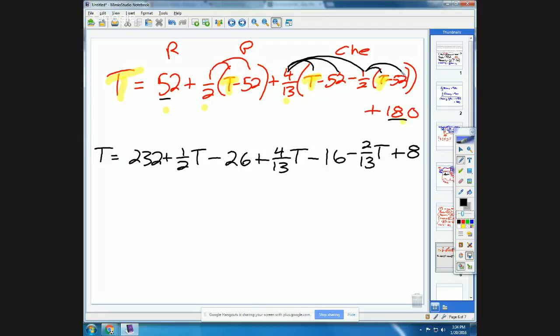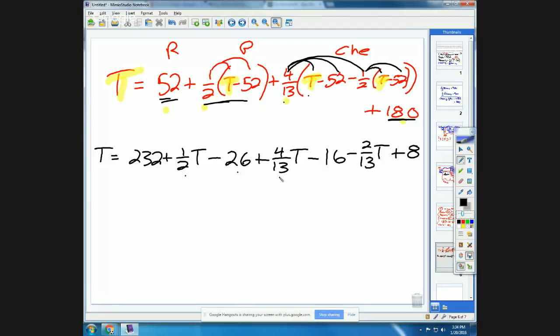Where did you get that 232? 52 plus 180. Oh, yeah, I figured I'd put those together right away. That's the 232. So then I have half of t here, half of 52 here.